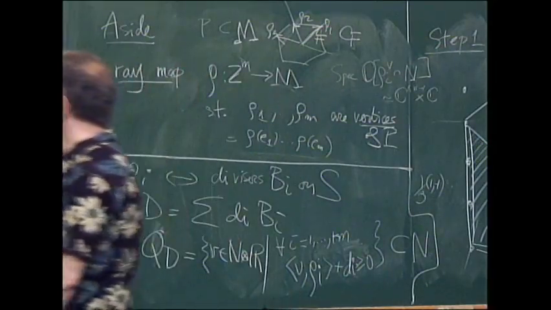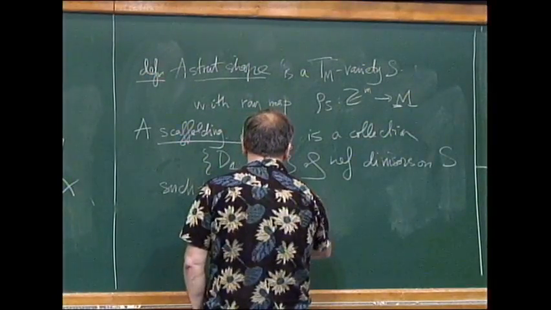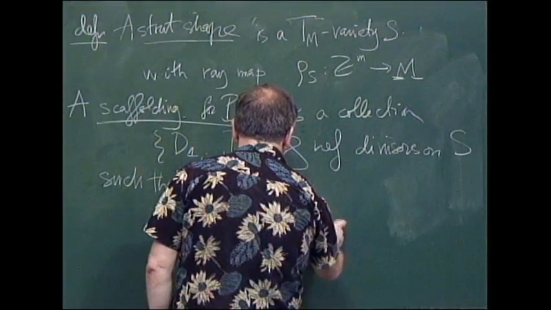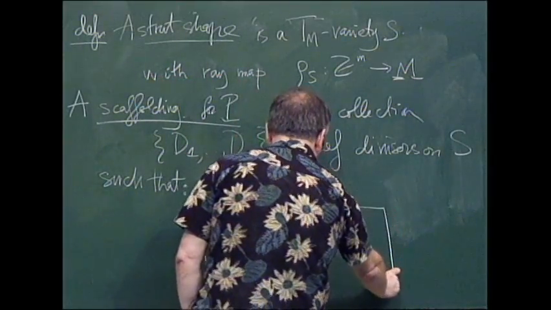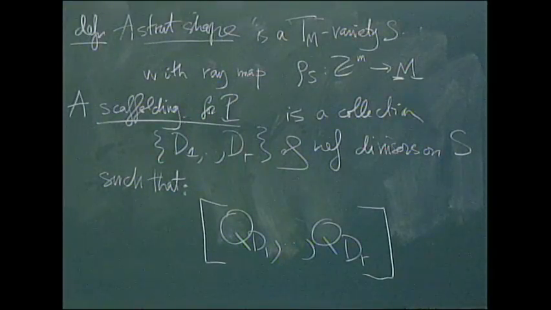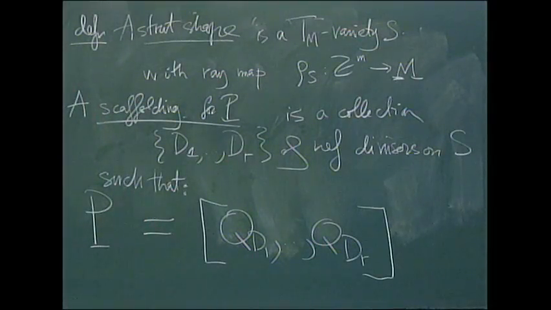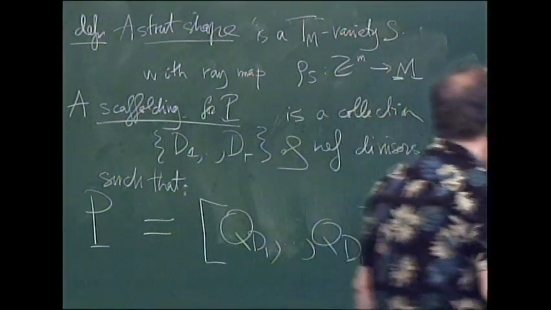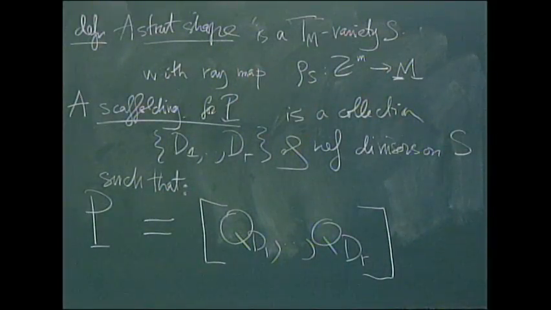And so a scaffolding is a collection of nef divisors on S such that out of those, I can form these polytopes Q_i. And the condition is that the convex hull of all those polytopes is P. The theorem is that out of one of these things, I can form one of these embeddings.